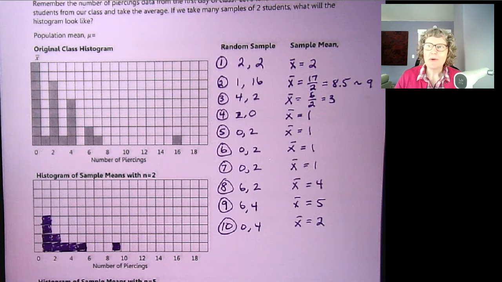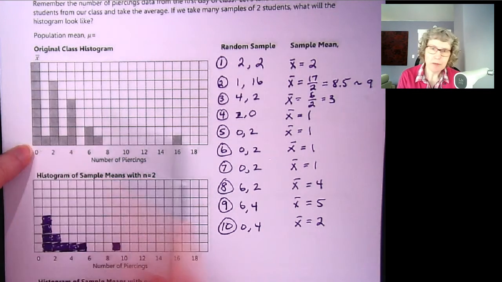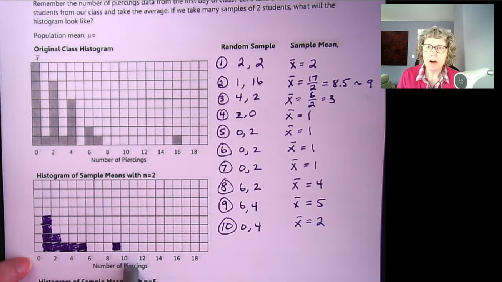Okay, so I paused it and I went up to a total of 10 random samples, and I graphed each one here. So notice our original population was skewed to the right, very much skewed, right? And so did you expect that our histogram of random samples would also be skewed to the right?